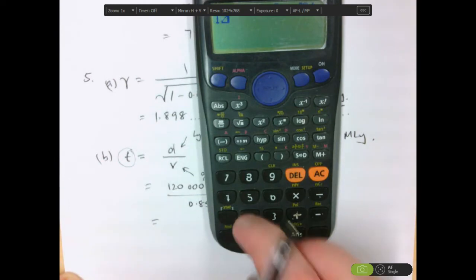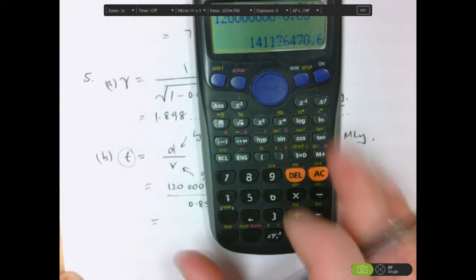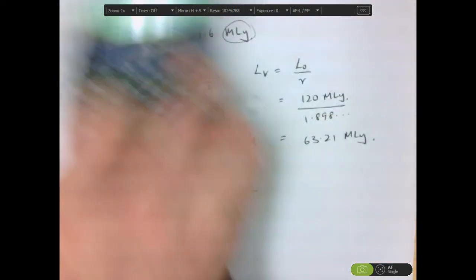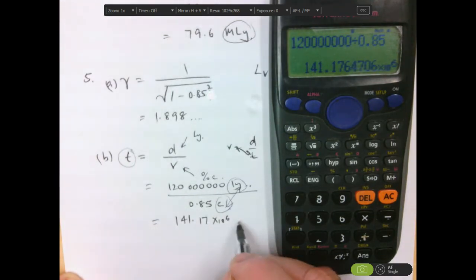So it's 120 million divided by 0.85, and I'm just going to do that. It's 141.17 times 10 to the 6 years, or 141.2 million years.